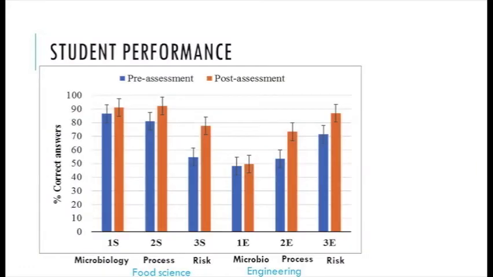So here you can see the pre-assessment in blue and the post-assessment in orange, and in all cases, so these first three are the modules for the science courses, first one being microbiology, the second one being the process plus microbiology, and third one is risk in a food science curriculum. And you can see in all cases the learning was enhanced, and likewise it was for the engineering curriculum. So we have microbiological modules, process and risk modules.